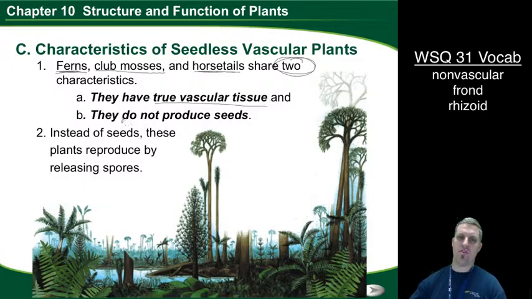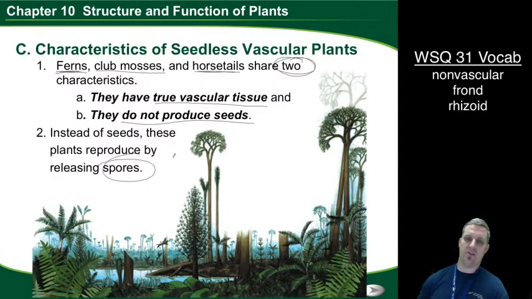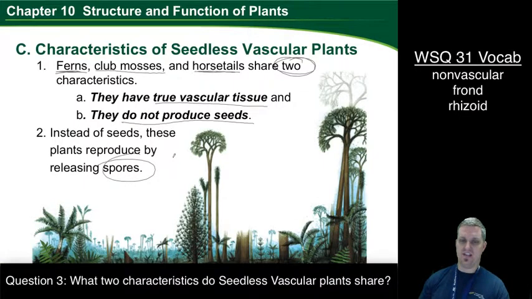And two, they do not produce seeds. If they had vascular tissue and produced seeds, then we would put them into either an angiosperm or gymnosperm classification. But since they reproduce by spores, as we see, they release spores, then they fit into the classification of seedless vascular plants.